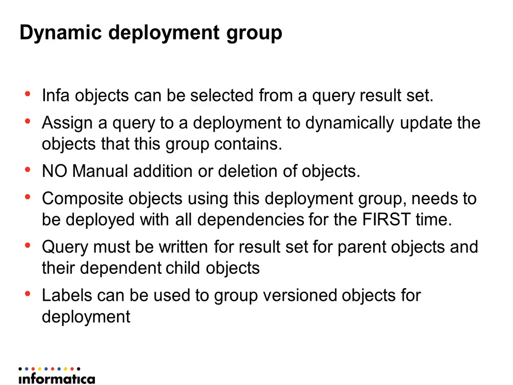For composite objects, all the dependencies should be deployed for the first time. We can use labels for grouping the versioned objects for deployment purposes. For more information about labels, you can find another video.